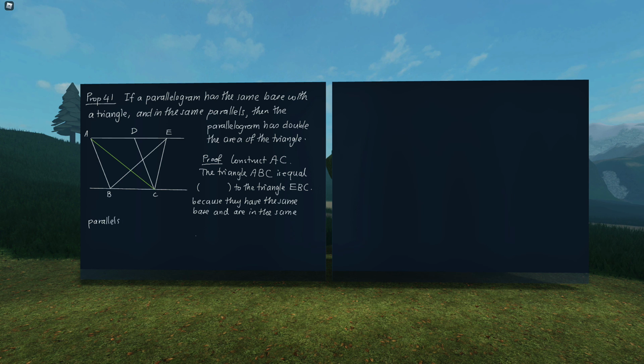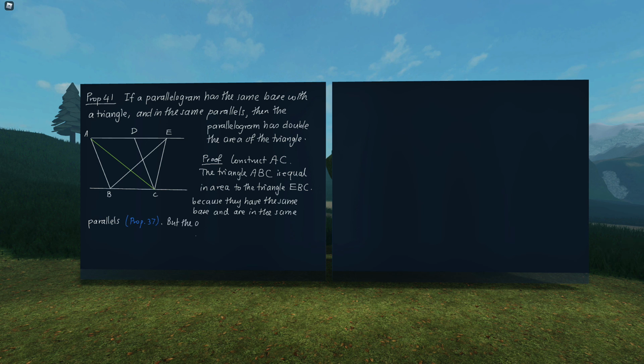Well, 37 actually says they have the same area, right? So that's what goes into that bracket there. Equal in area. And now we're basically done, right?